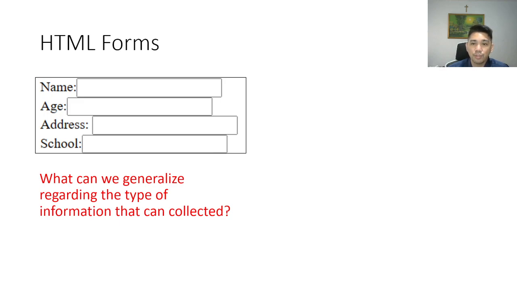Well, the simple answer to that is text boxes usually collect open-ended information, meaning you can type anything that you want, any alphanumeric character, as long as you can type on the keyboard. Information will be saved inside your web page.